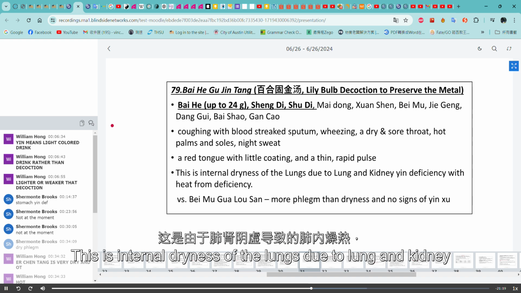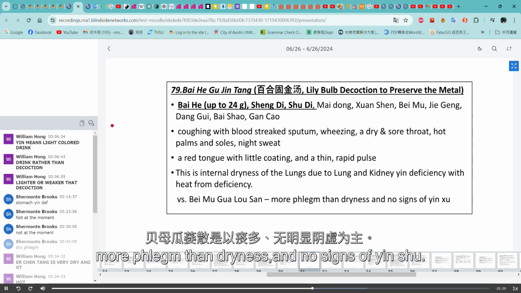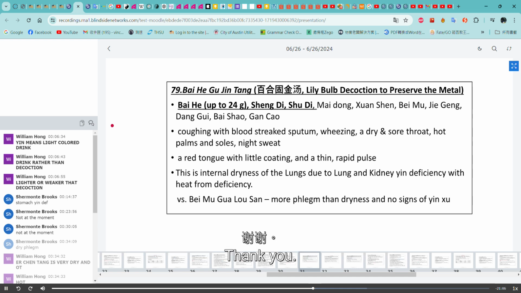This is internal dryness of the lungs due to lung and kidney yin deficiency with heat from deficiency. Versus Beimu Gualou San, more phlegm than dryness and no signs of yin deficiency. Thank you.